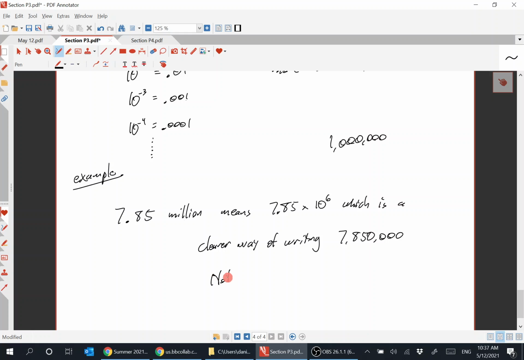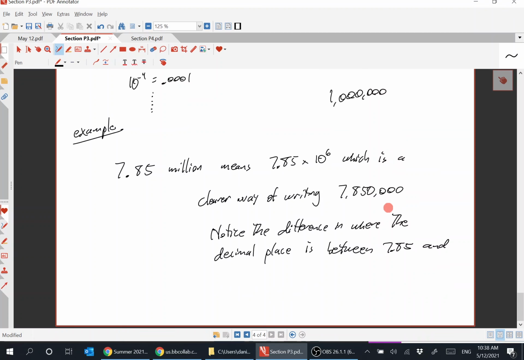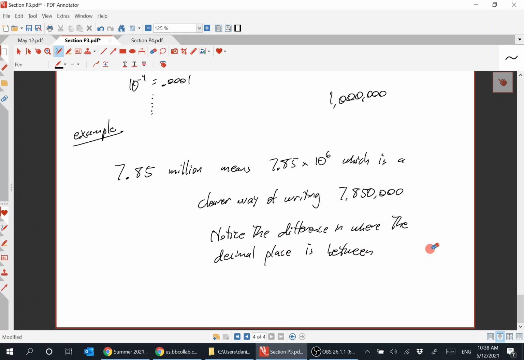Notice the difference in where the decimal place is between the two expressions. 7.85 and 7,850,000.